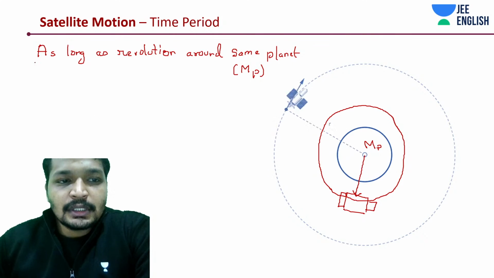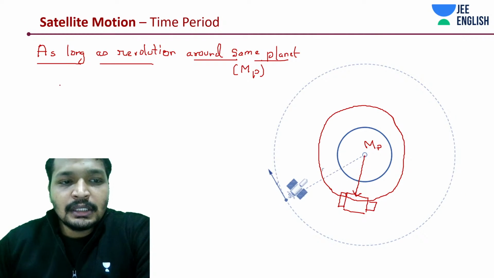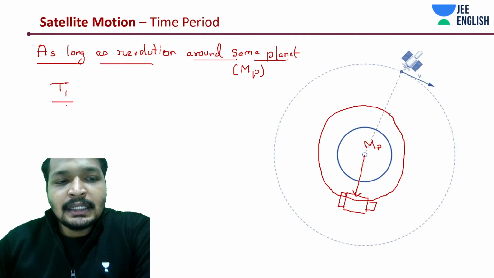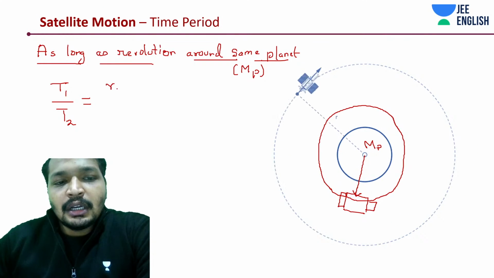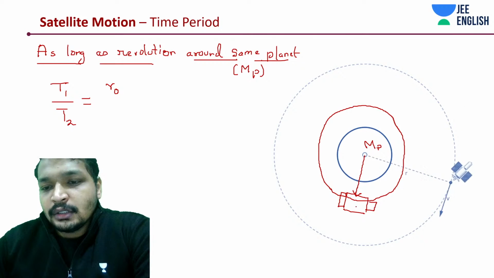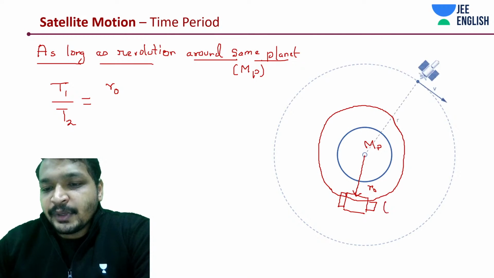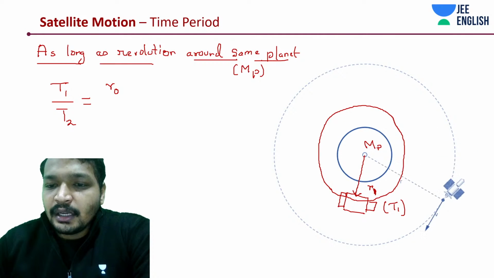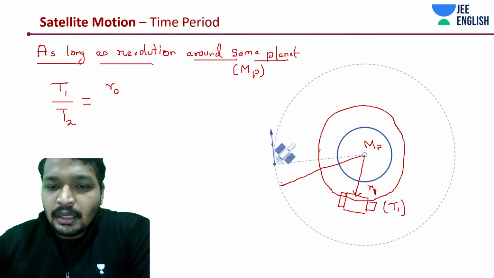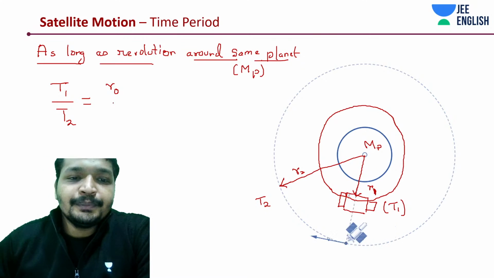This is because it is dependent upon mass. Your time period is dependent upon two things, that is mass and radius. So T1 by T2 is going to be how much? Let's say this is R1 having time period T1, and the other one is R2 having time period T2.